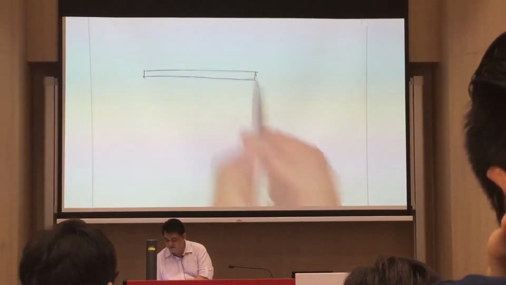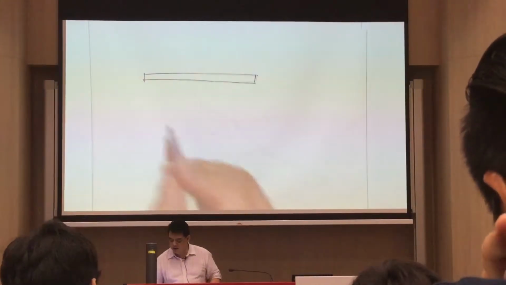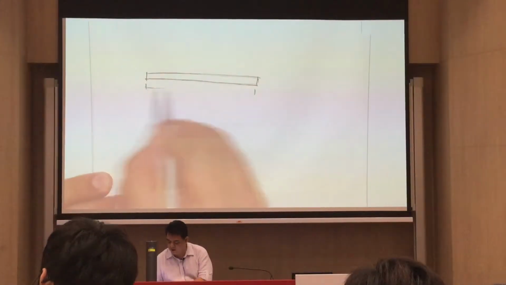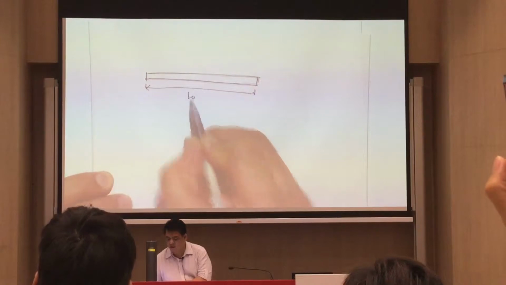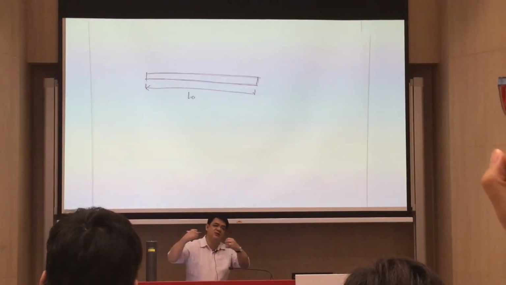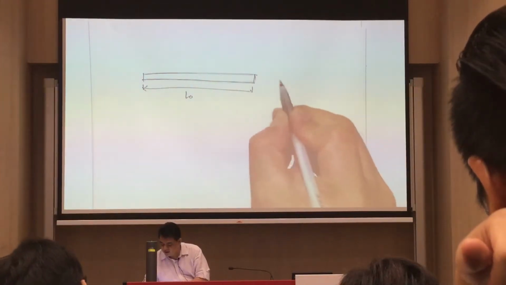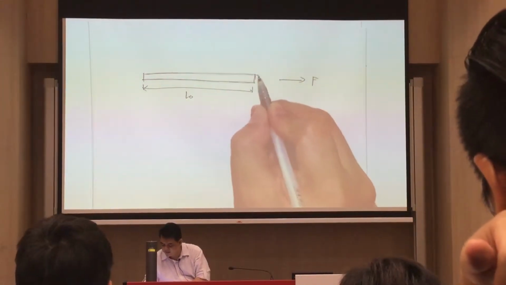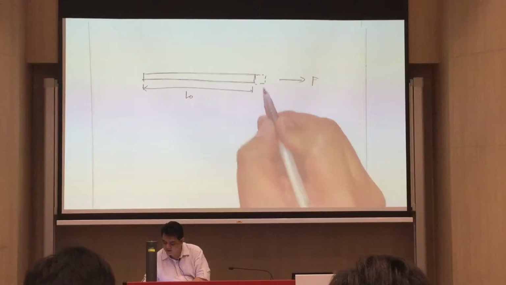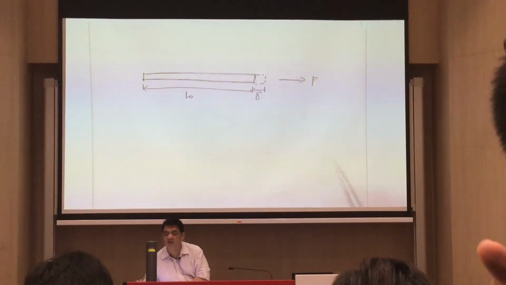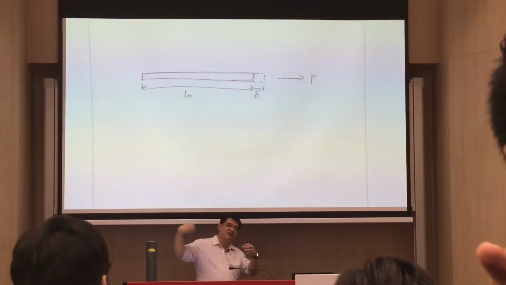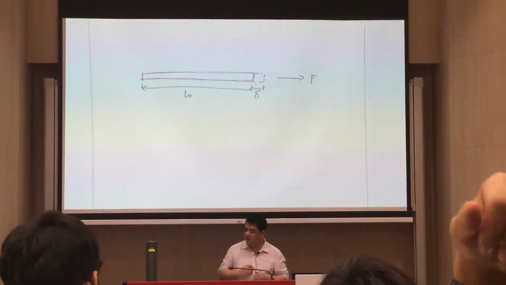This is, say for example, a beam or a bar, wherein you have this to be your original length, and then we try to stretch that a bit, apply a load, say F, so that you will have a small displacement delta. So you have that extension, so it will stretch.